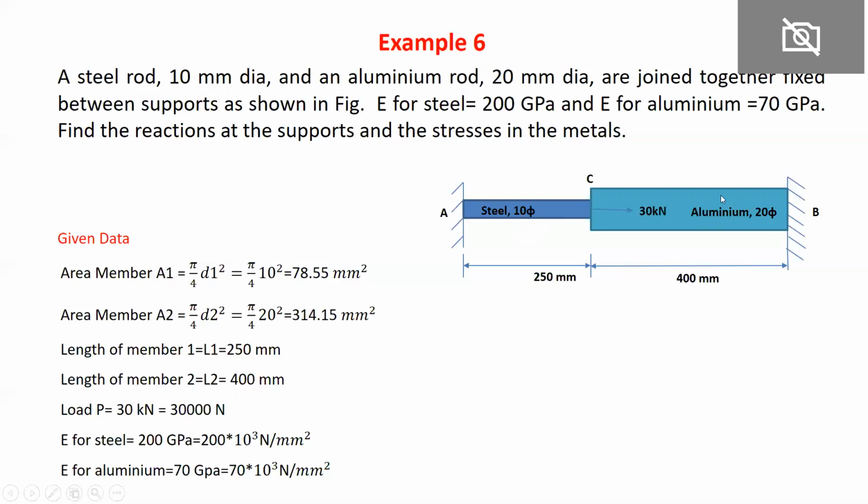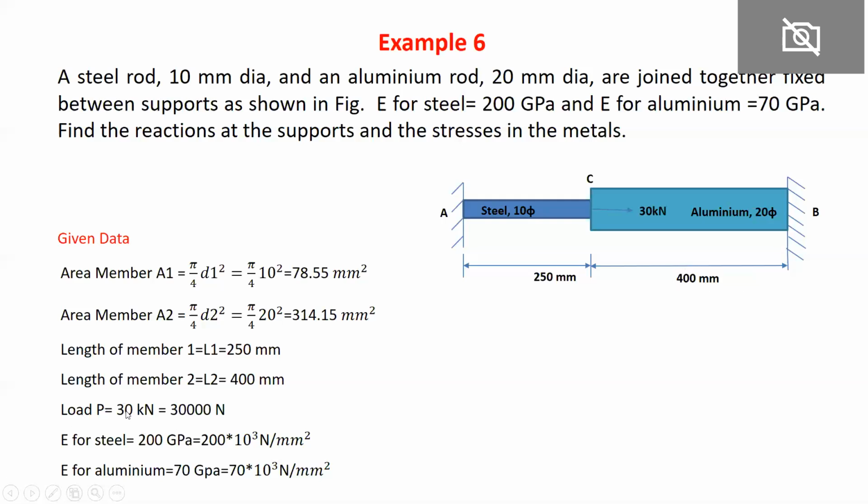Similarly, the area of the aluminum member is pi by 4 into D2 square, which is pi by 4 into 20 square, about 314.15 mm square. The length of member 1 is 250 mm and the length of member 2 is 400 mm.